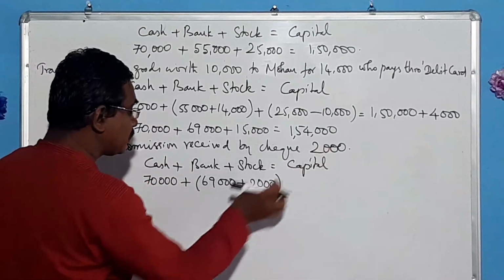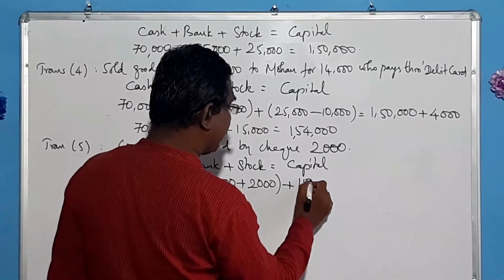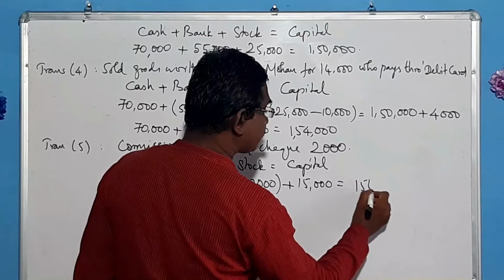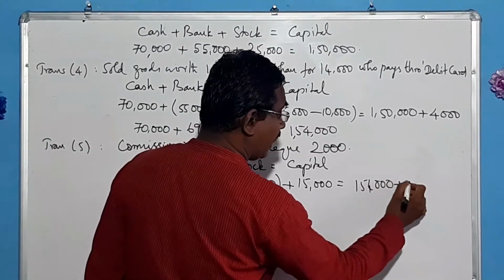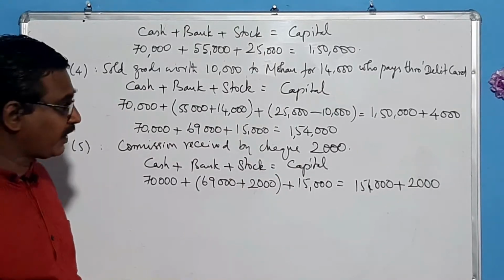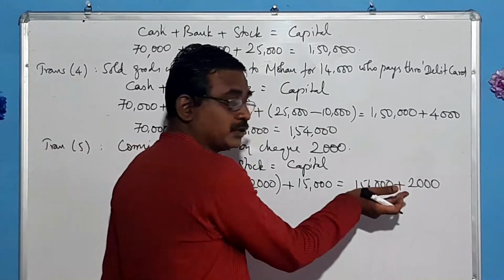So that 2,000 should be added to bank. There will not be any change in the stock. That remains the same. Capital, we have to add this 2,000 because this is an income. Commission received is an income for the business.